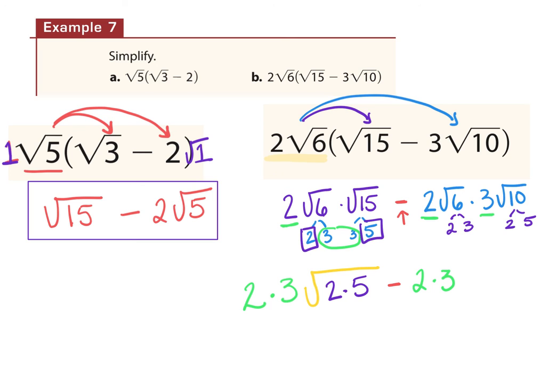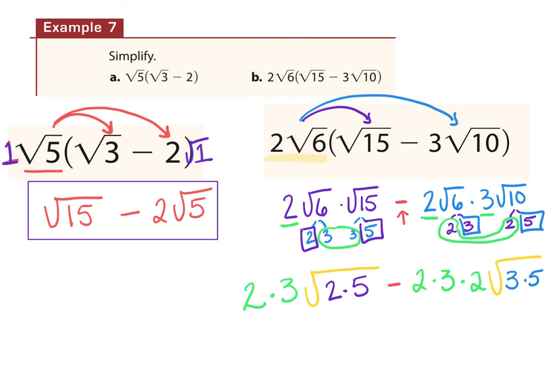What comes out of this group? Yeah, so this 2 and that 2 form a group. So I have a 2 that's going to come out. On the inside over here, what do I have? I have a 3 that's going to stay in, and I have a 5 that's going to stay in.